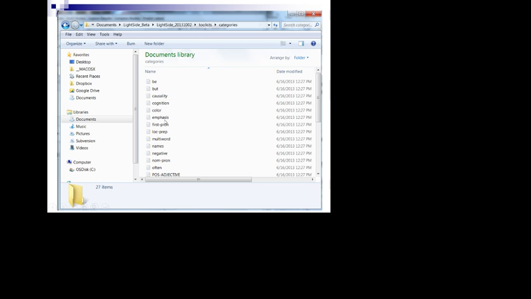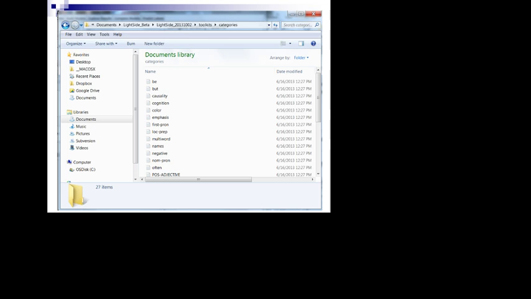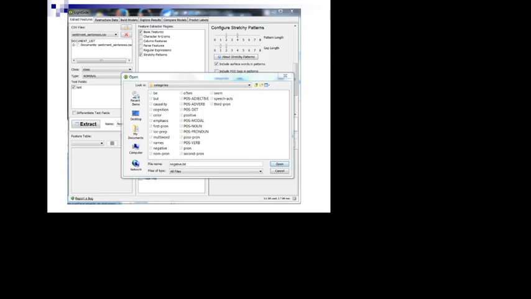These are just text files. The name is the name of the category. If you look in the text file, you can see that the first row is the name that will appear in the stretchy pattern if that category is used, and every line after that is an element of the list. So you can define your own categories, which are lists, and that's a very useful thing that you can do to extend the power of these stretchy patterns.